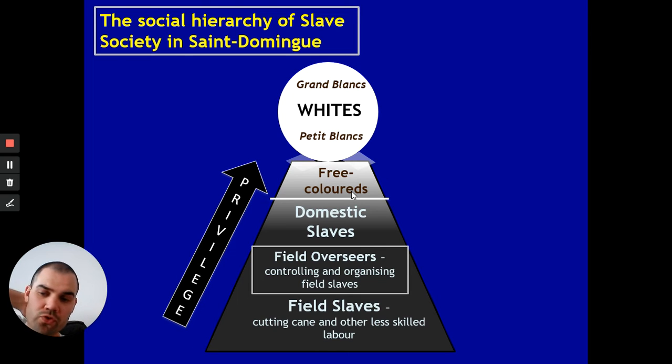So when the news of the French Revolution spreads to Saint-Domingue, it initially creates a kind of civil war between the free colored men like Raymond and the Petit and Grand Blancs. Okay, so it's really a civil war between these two. It's only later on that the slaves themselves come into the picture and start demanding rights for themselves as well.